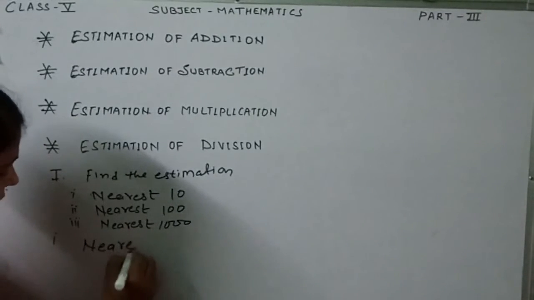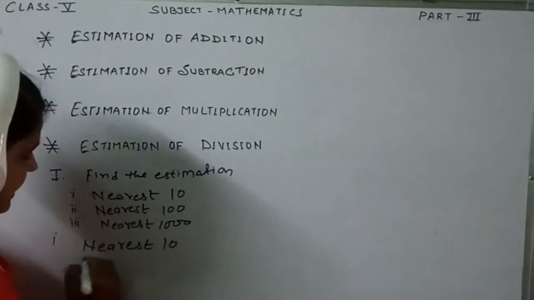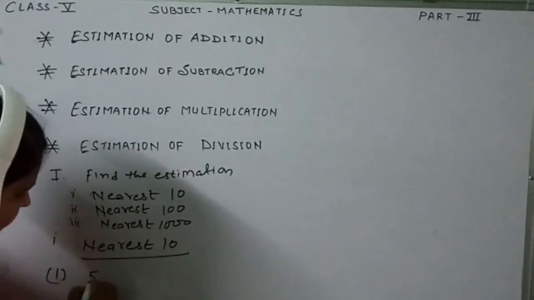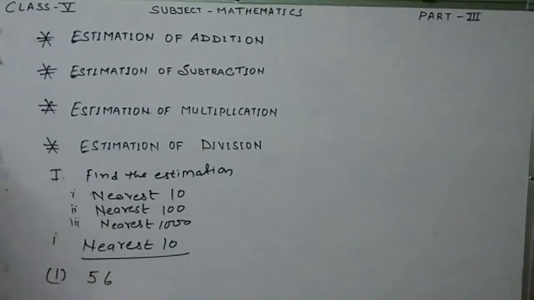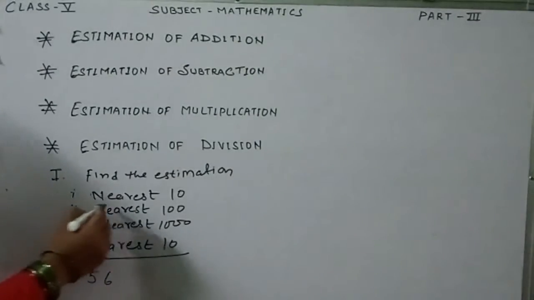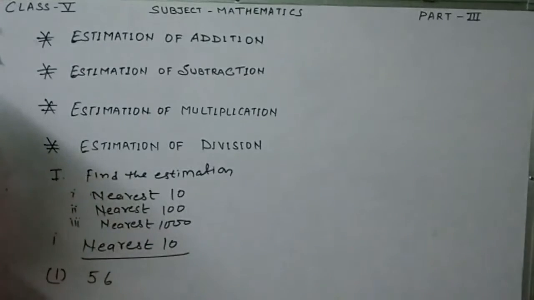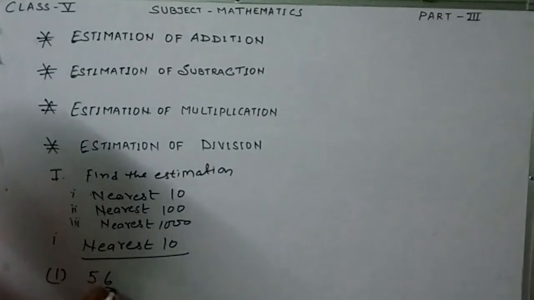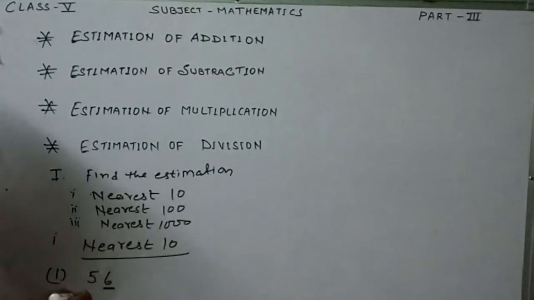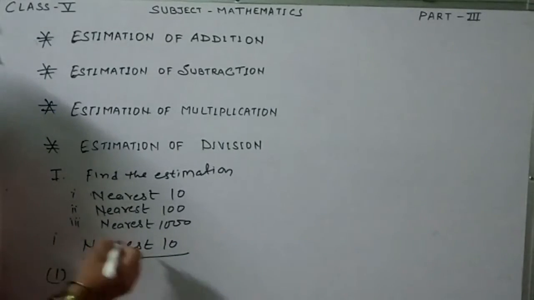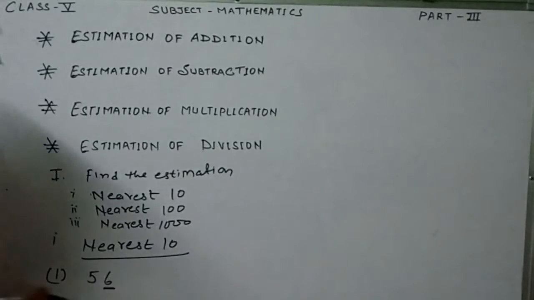Suppose the question is: round the number 56 to the nearest 10. What do you have to do? In the case of 10, you have to see the value of the ones place and compare it with 5. Here the ones digit is 6. Is 6 greater than 5 or less than 5?